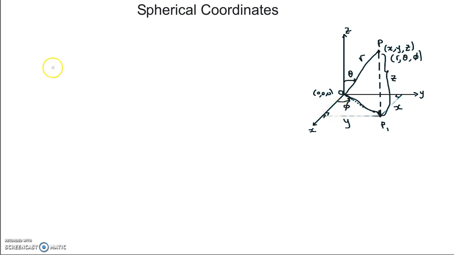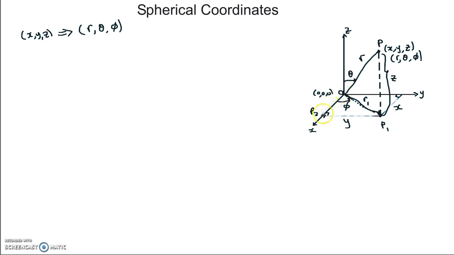So let's see how we can convert from one coordinate system to the other. Let's start with x, y, and z, and come up with the equivalent representation in the spherical coordinate system, r, theta, and phi. Let's call the length from O to P1, R1. And let's call the projection from P1 onto the x-axis point P2.